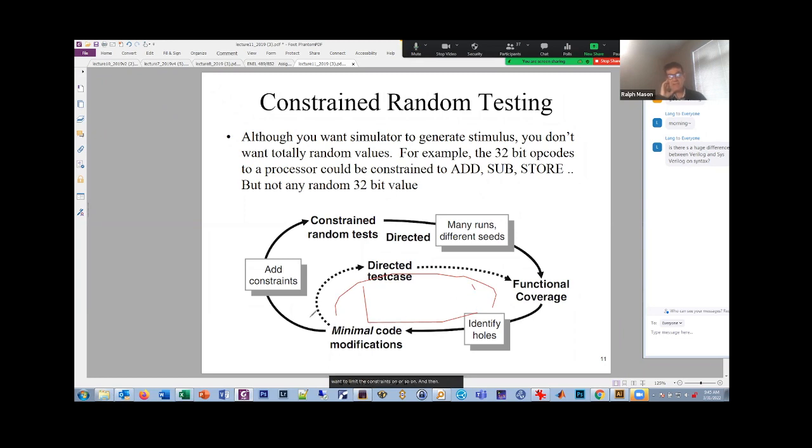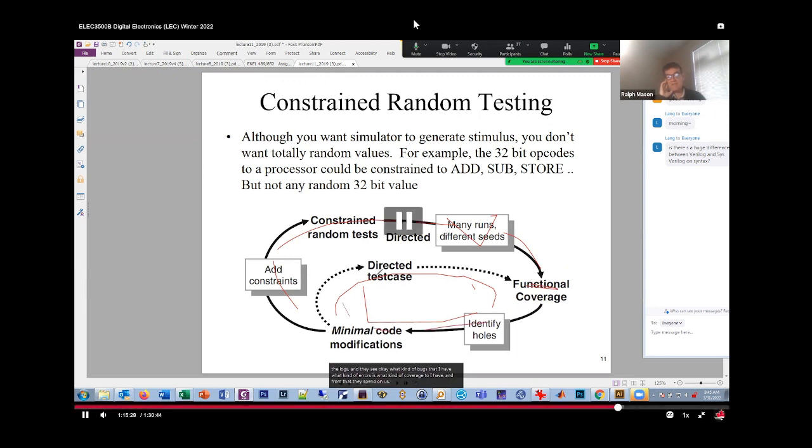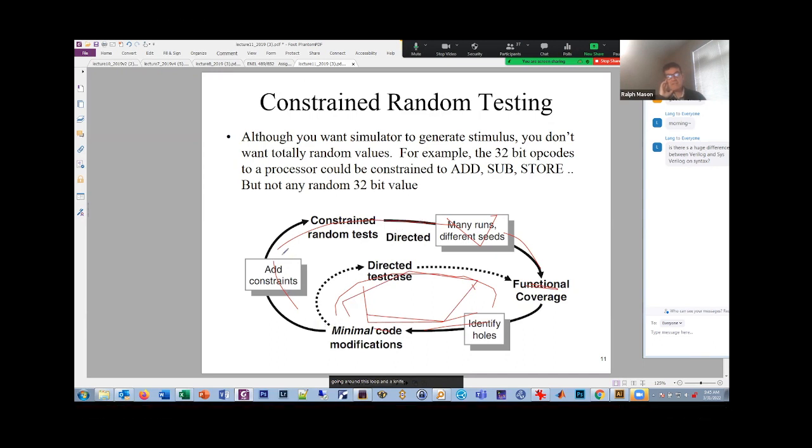And then at night they add constraints and they run these constrained random tests, and they run many different runs, randomized with many different seeds. And then at the end of the night, they come in, they look at the logs, and they see, okay, what kind of bugs did I have? What kind of errors? What kind of coverage do I have? And from that, they spend the rest of the day. So during the daytime, they're going around this loop, and at night, it can even happen during the day, but mostly at night, all this stuff is running.